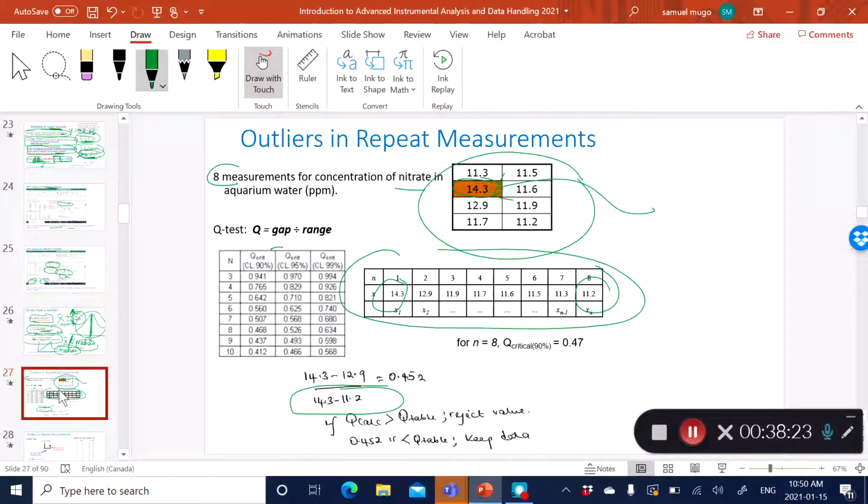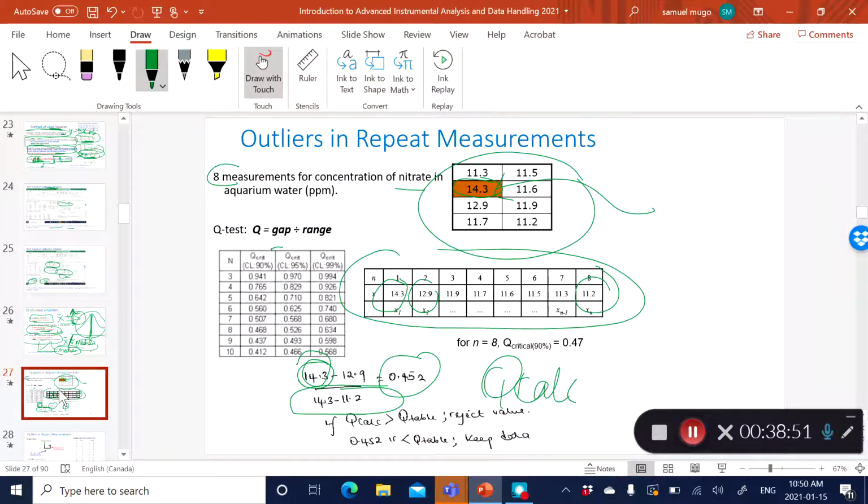And then the gap is calculated by taking the questionable data subtracted by the number that is closest to it in magnitude. So again, you order the data in increasing or decreasing order, questionable data minus the data closest to it, divided by the range, and that gives you what you call the Q calculated.